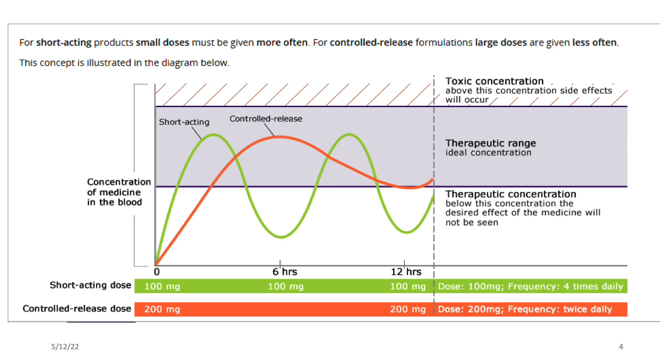After you take it, it quickly enters the therapeutic window, stays there for some time, and then drops below the therapeutic window, so you need to give multiple doses. The sustained release, the orange line, takes time to reach the therapeutic window and stays there for a long time. So we need to understand the dynamics of short-acting and long-acting medication.